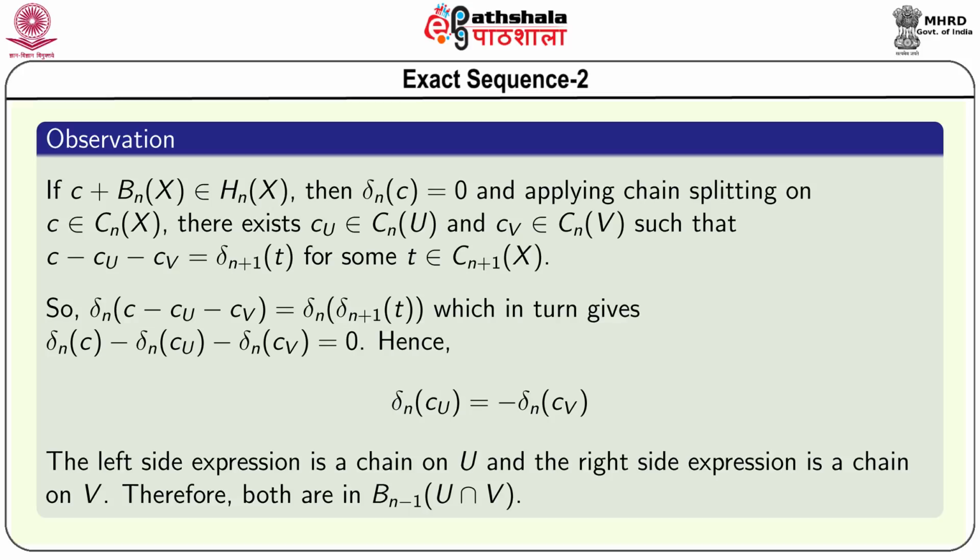Hence, ∂_n c_u is equal to -∂_n c_v. The left side expression is a chain on U and the right side expression is a chain on V. Therefore, both are members of Z_{n-1}(U ∩ V).